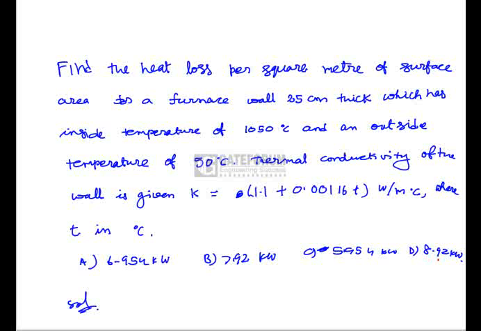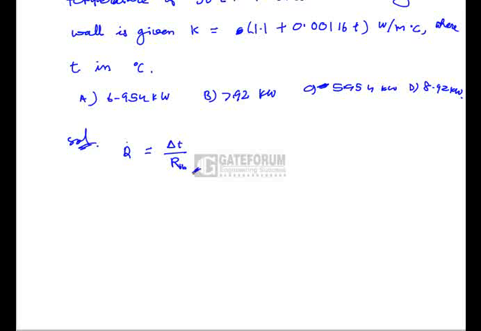So here we'll have to find out the heat loss per square meter of surface, and is given by, let us say, Q dot is given by delta T by thermal resistance of the system.